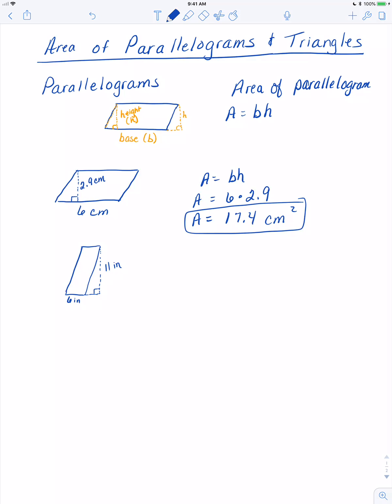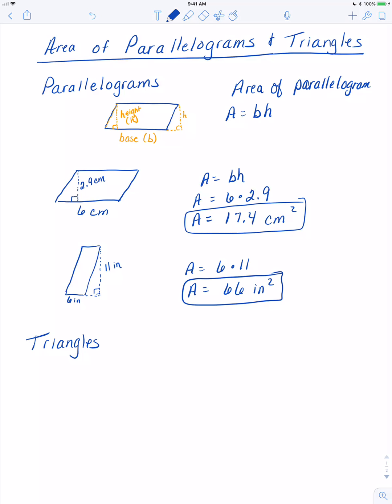And as long as those are dotted lines, which I didn't do a great job making, you know that that's not part of the figure, that those are just showing you those lines brought out. All right, so the area of that would be 6 times the 11. So the area here is 66 inches squared. All right, that's about all there is for parallelograms. Let's go do a couple of triangles.